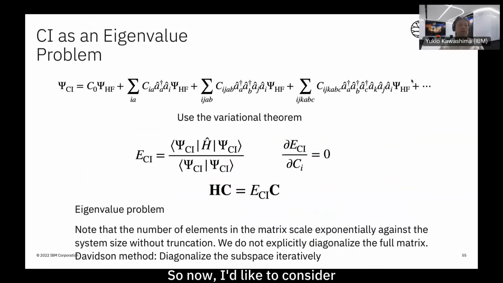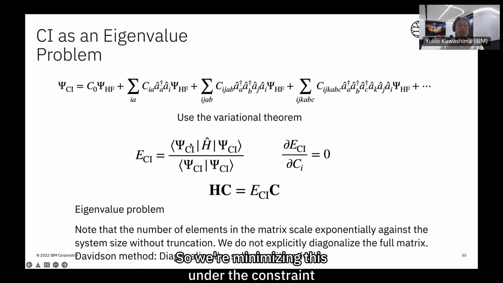So now I'd like to consider how to solve this CI. So here is the CI wave function. We put it in the Schrodinger equation, and using the variational theorem, we want to minimize the expectation value of the Hamiltonian under the constraint of the overlap of the wave function being normalized.